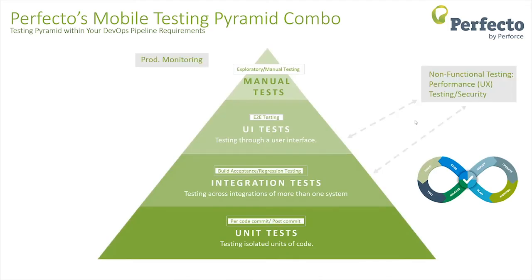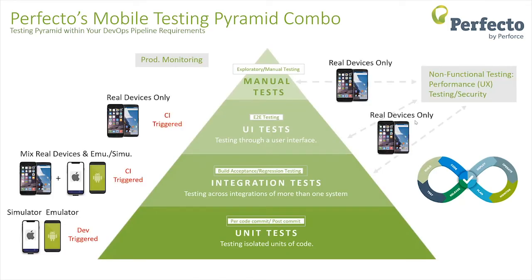What I've created for you is a summary of the famous testing pyramid, where I've placed the real versus virtual devices in each of these stages. So when you're doing unit testing per code commit and post code commit, you can definitely use developer triggered testing on emulators and simulators.